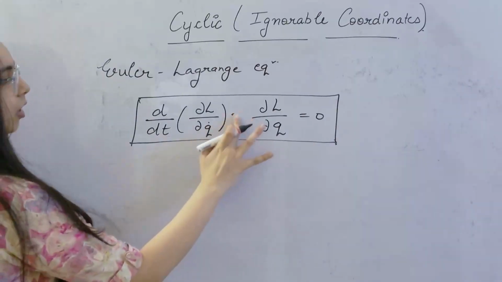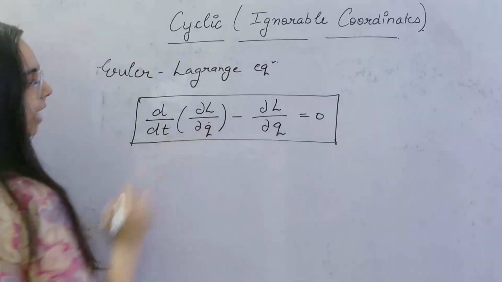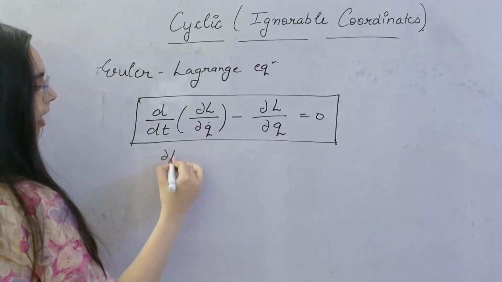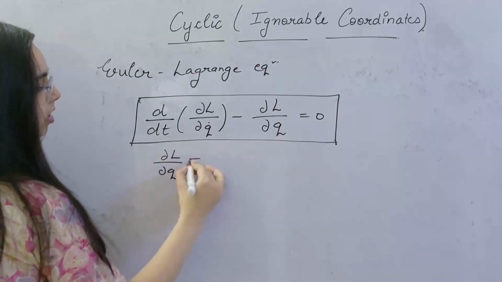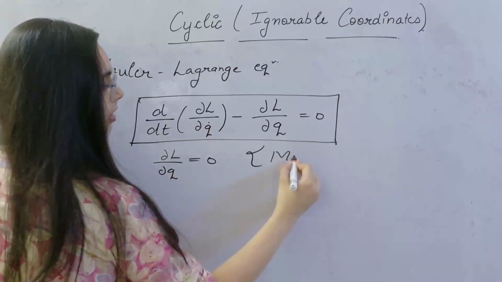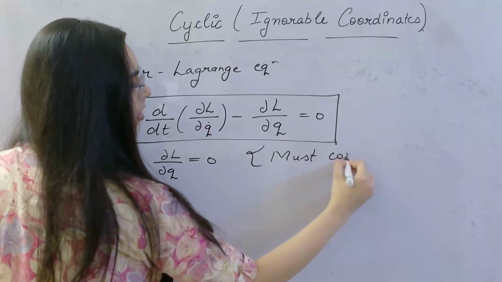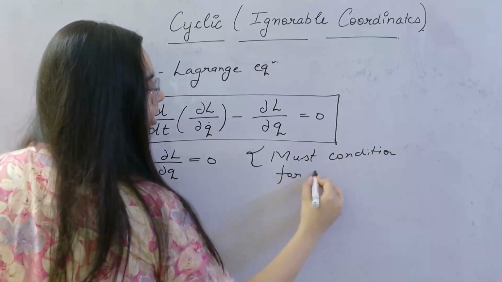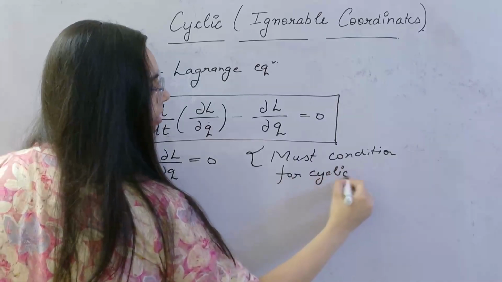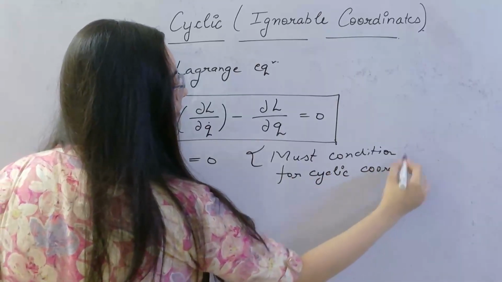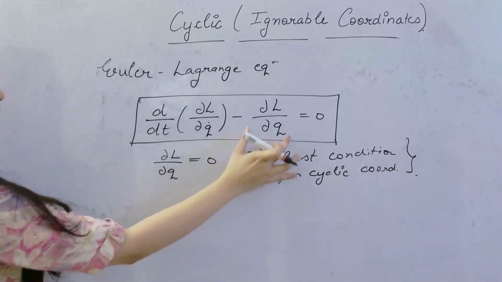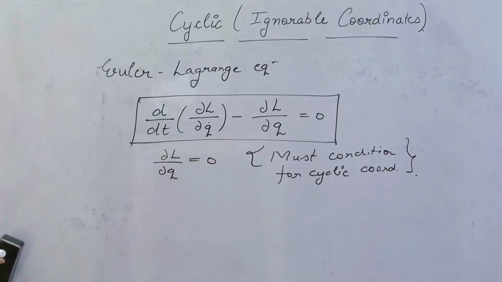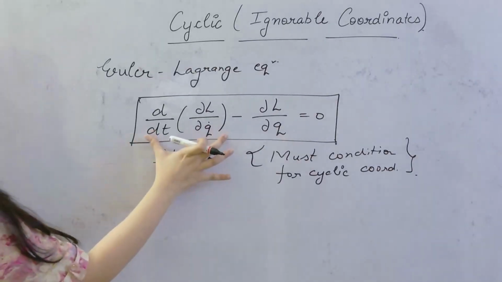Okay. So now, what is the condition for my cyclic coordinate? That del L by del q is zero. That is my must condition for a cyclic coordinate. Now, if this term becomes zero, then what are we left with?